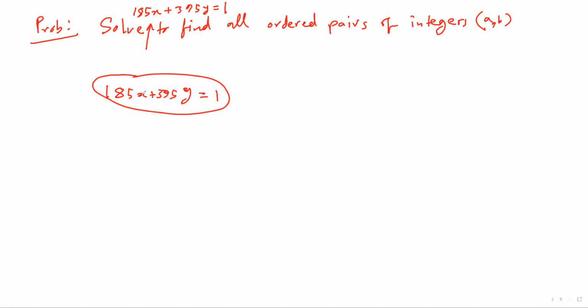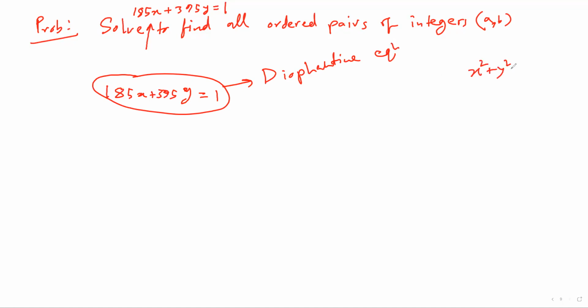If the restriction were omitted, then there can be infinitely many x and y, right? You can just put x equals 1 and find what y is. Y is going to be some fraction, right? Some real number. But if there is a restriction that x and y have to be integers, such equations are called Diophantine equations.